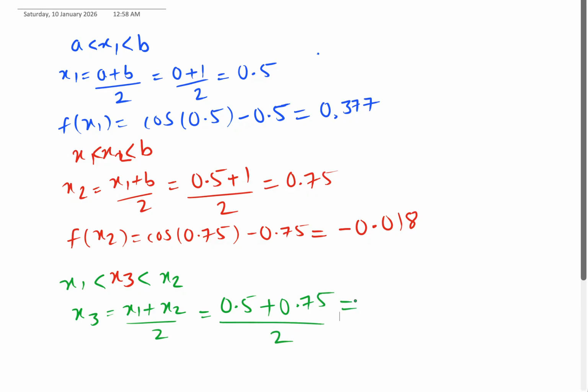So 0.5 plus 0.75 divided by 2 is 0.625. So what will be f(x3)? It will be cos of 0.625 minus 0.625.